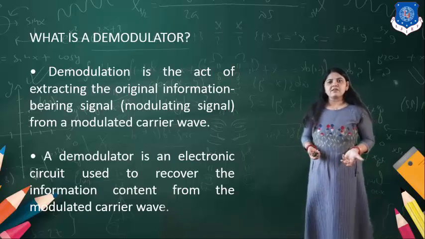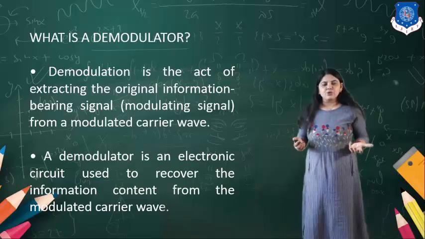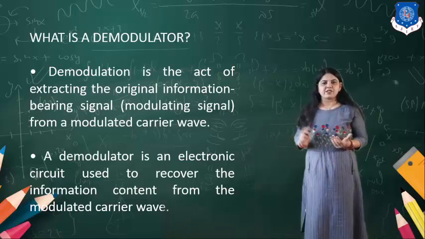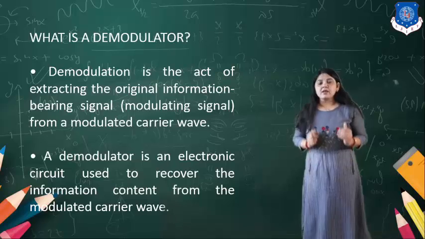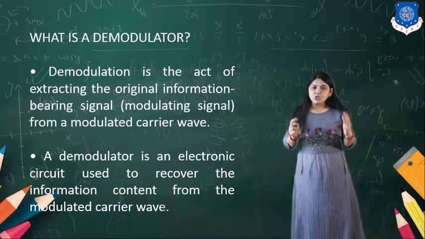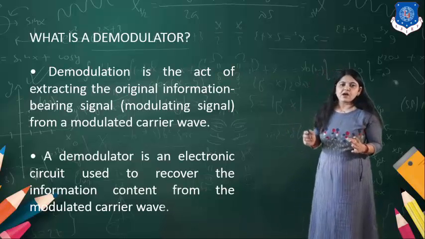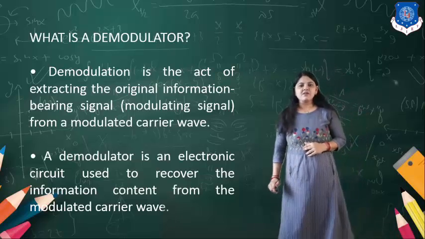To carry out this demodulation process, we use a demodulator. What is a demodulator? It is an electronic circuit which is used to recover the information content from the modulated carrier wave.